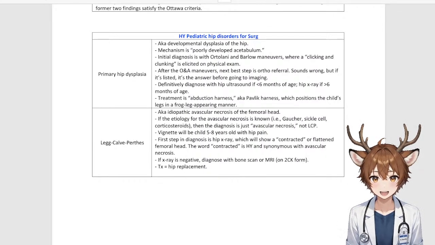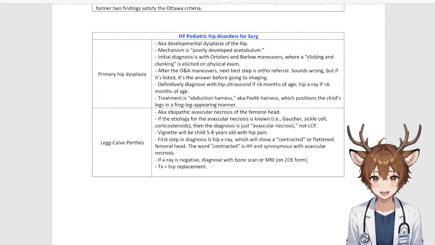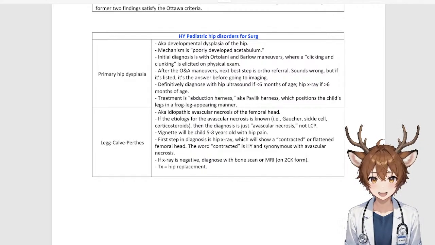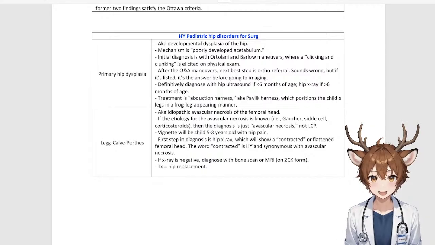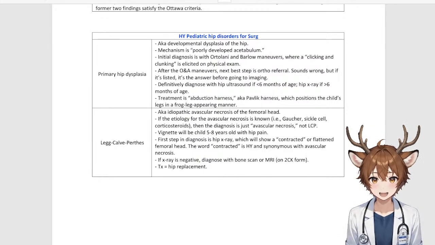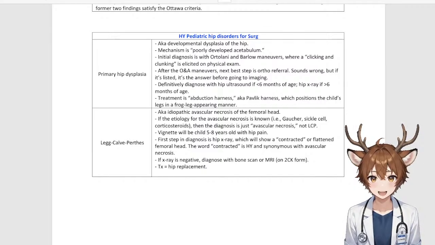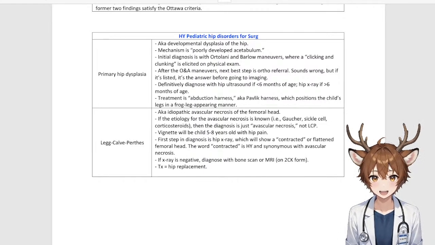You do Barlow to displace the hip. If it can be displaced, that means there's an issue. And you use Ortolani to basically put it back into place. It's kind of crazy they do these on infants, but it's something to test for. After the maneuvers, the next best step is the ortho referral.